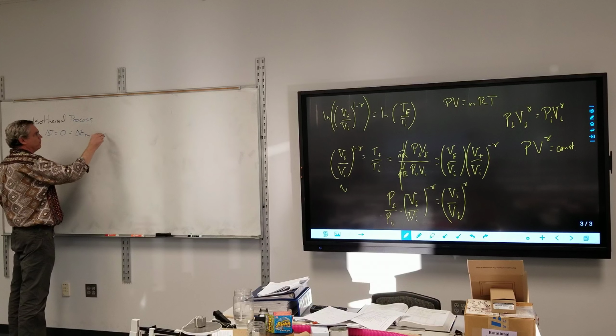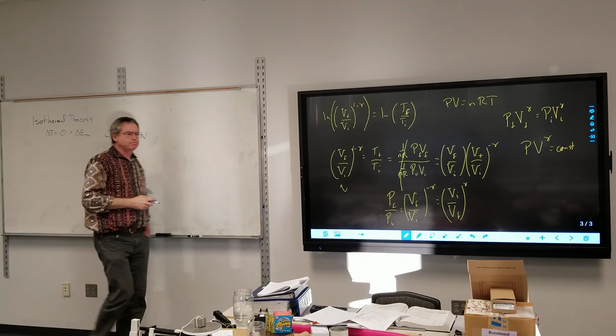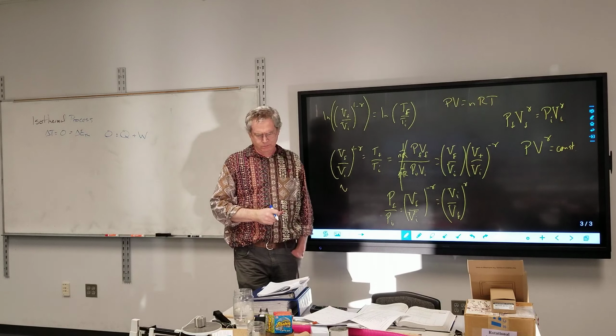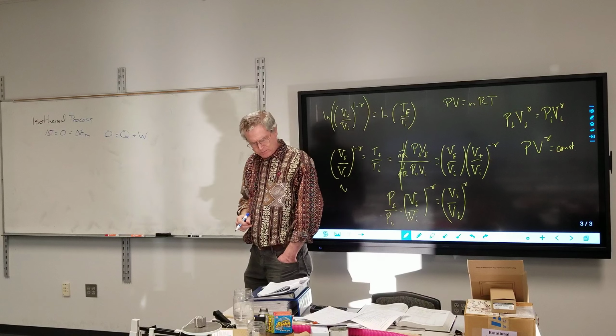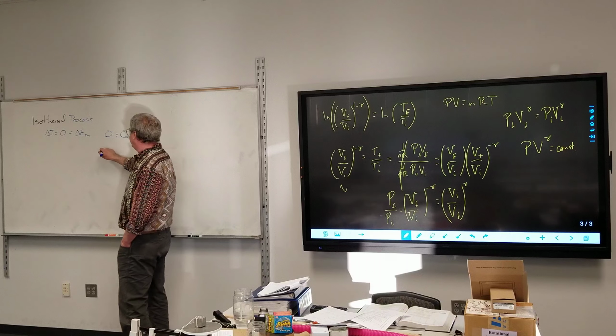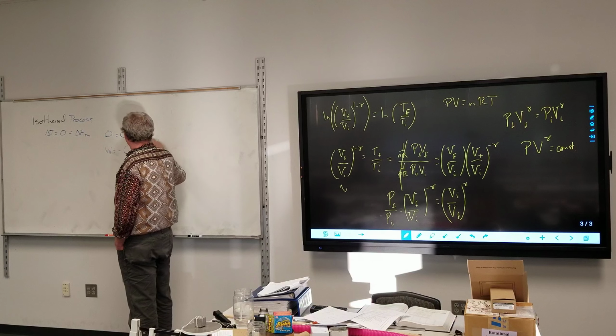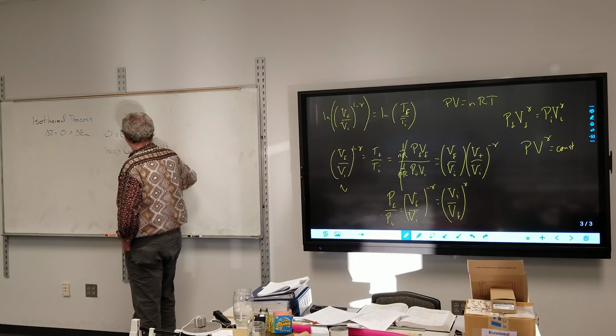And so I'm left with, therefore, 0 is equal to Q plus W, or W equals negative Q, which is negative integral of PdV.